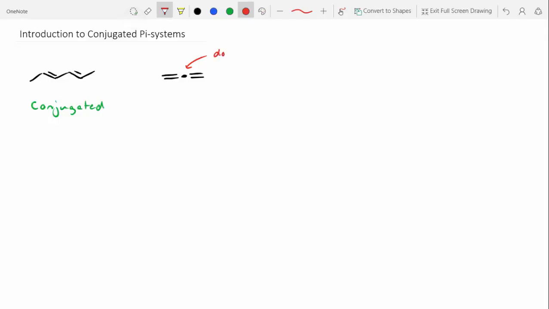The dot equals a carbon. This isn't the same as conjugated, even though we have two pi bonds right next door. This is called cumulated. And the last one I wanted to show you guys was one that was actually on Sapling, I believe. This is called isolated.